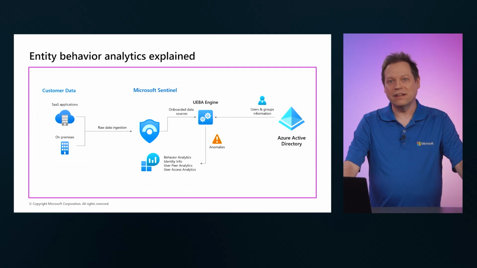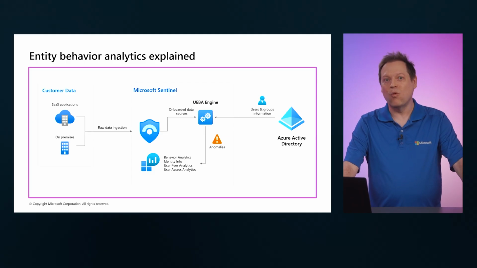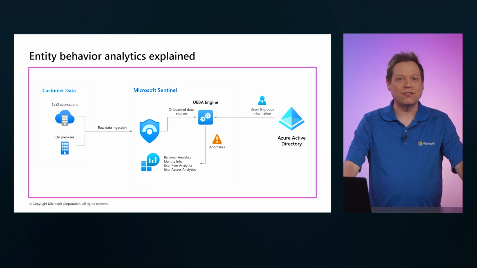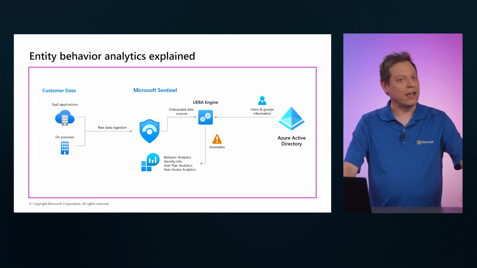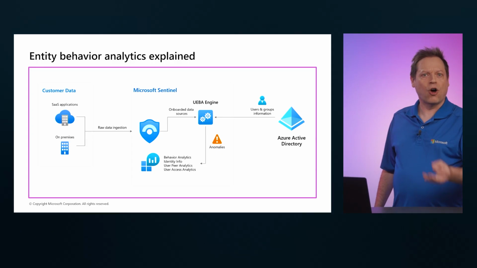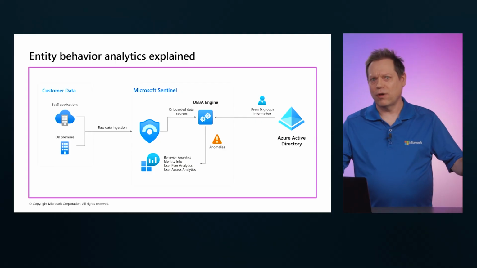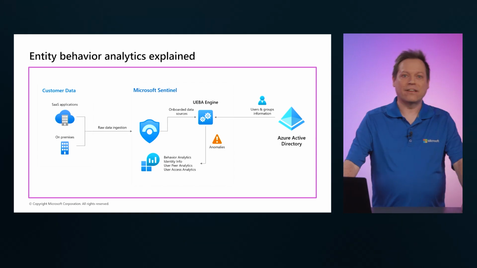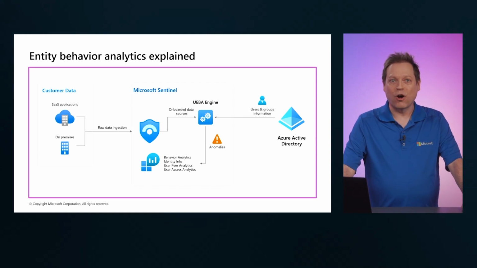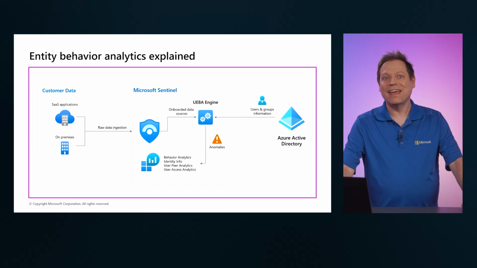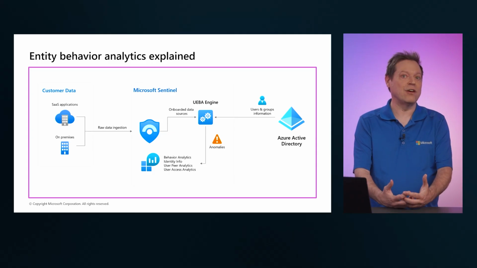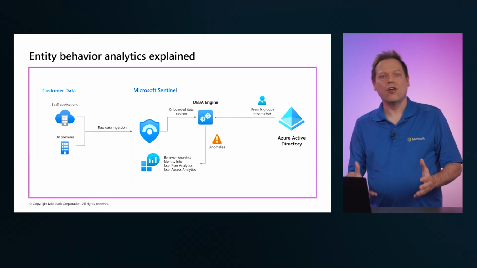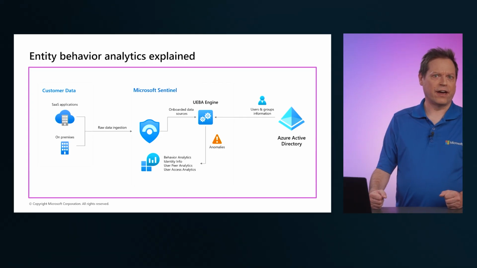Entity behavior analytics in Microsoft Sentinel works by building a behavioral baseline for the entities in your environment. Again, things like users, hosts, IP addresses, applications, and more. As Sentinel collects logs and alerts from connected data sources, it analyzes activity over time and across peer groups to understand what normal looks like.